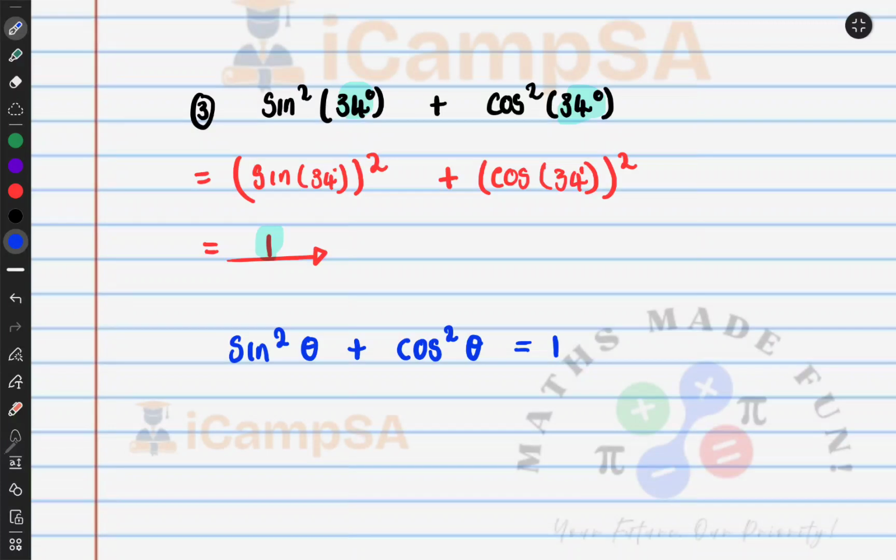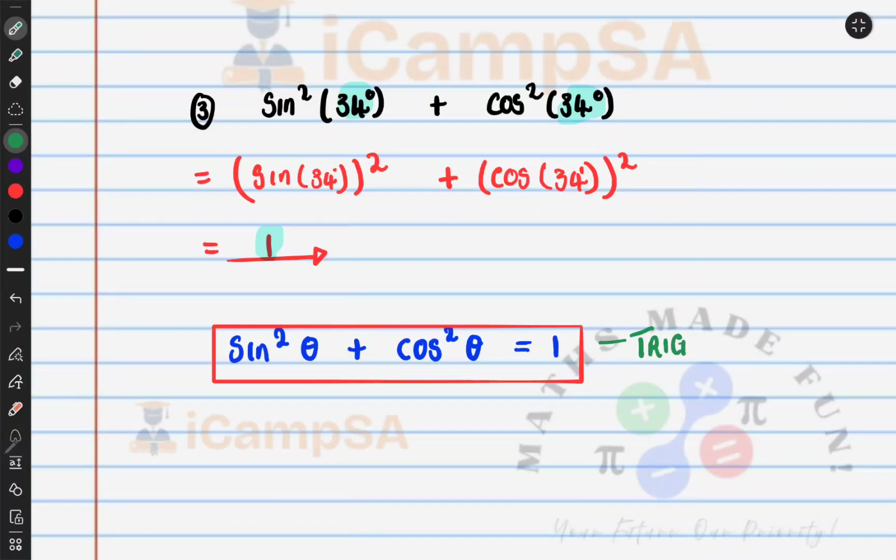So let's say you are in your exam and you are asked to evaluate sine squared 25 plus cos squared 25. You're just going to know that the answer will be 1, because this is something we call a trigonometric identity, or a trig identity. But you will learn that in grade 11.